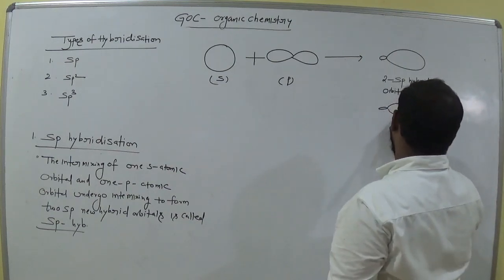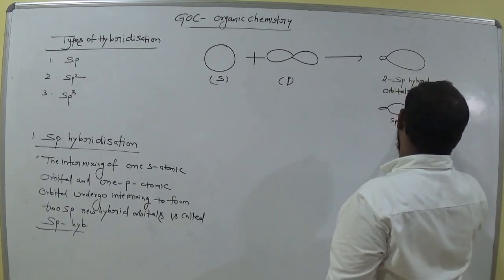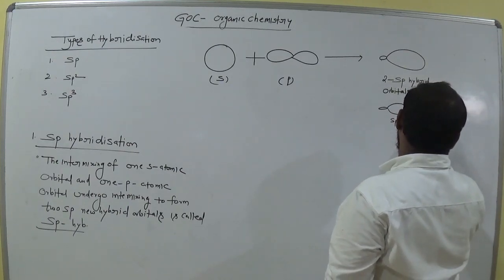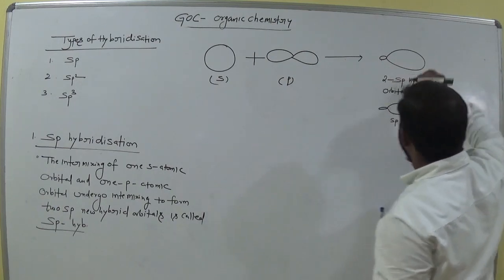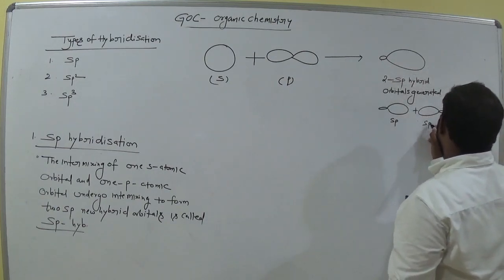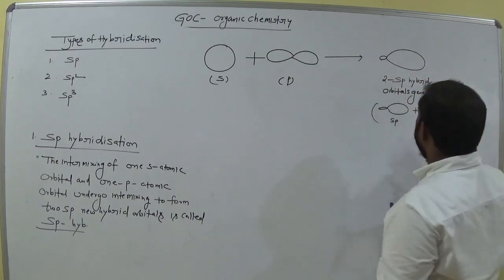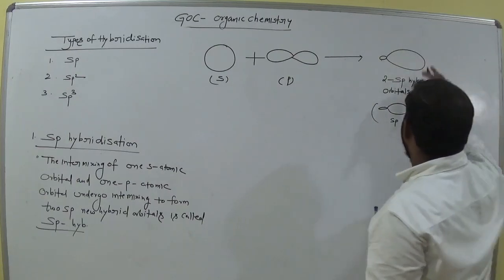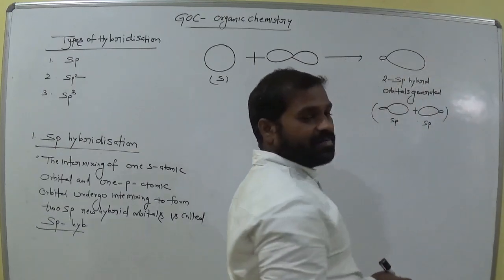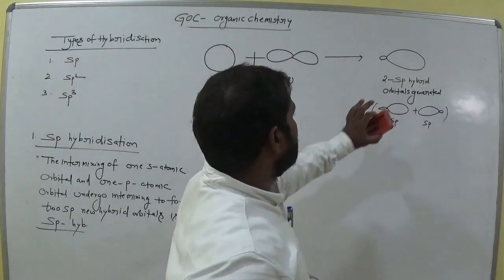One is one sp and the other one is also one sp. Two sp like this are generated. This shape we will discuss later. Okay, this is sp hybridization.